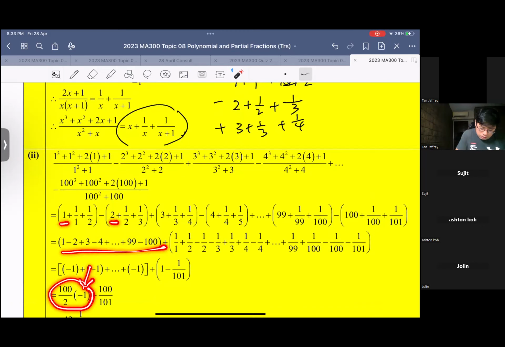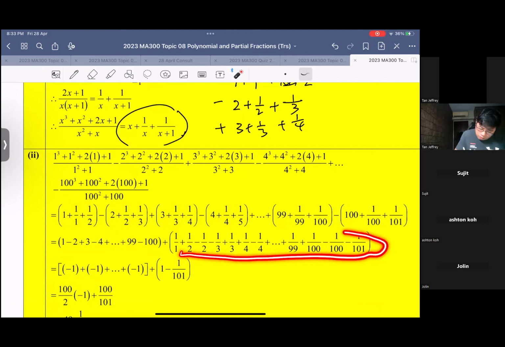Now 1 over 1, 1 over 2, 1 over 3, 1 over 4, they are all here, this part. So you can see that you have 1 over 1 plus 1 over 2, minus 1 over 2, plus 1 over 3.